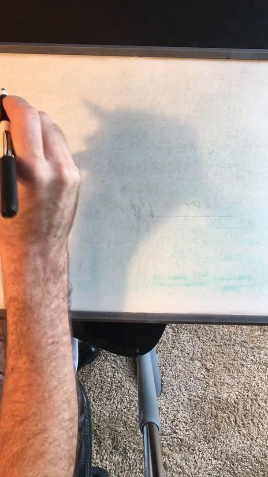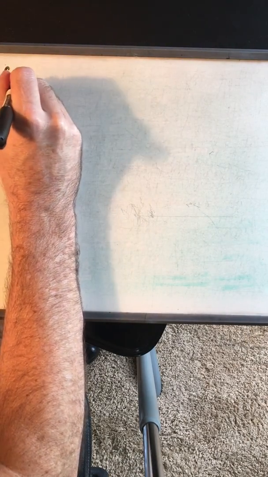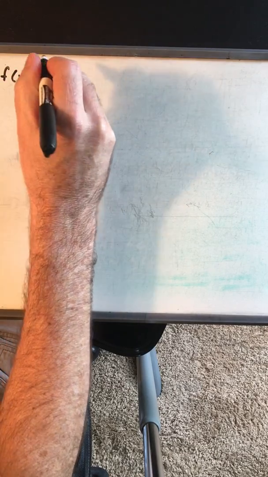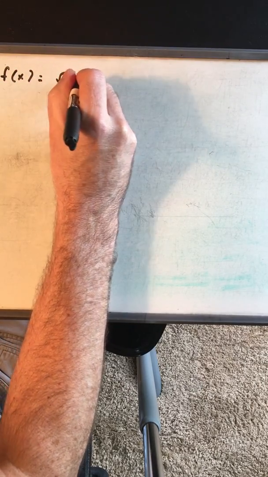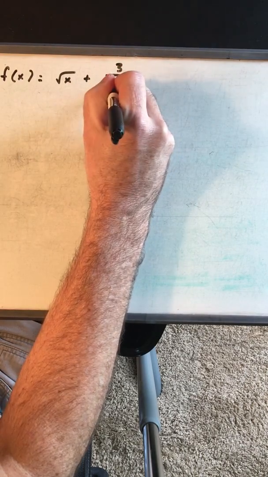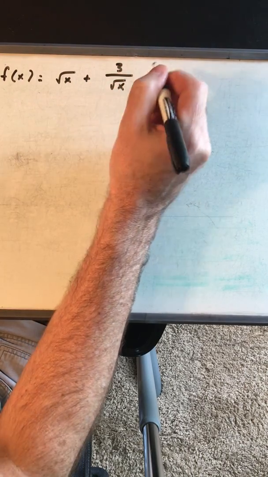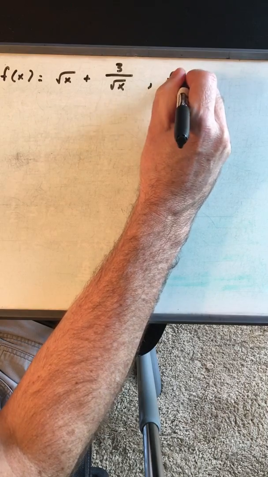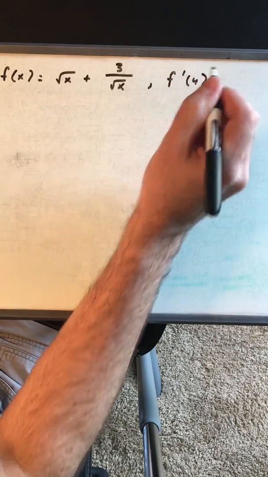All right, number 2. F of x is equal to the square root of x plus 3 over the square root of x. And we want to know, what is f prime of 4?